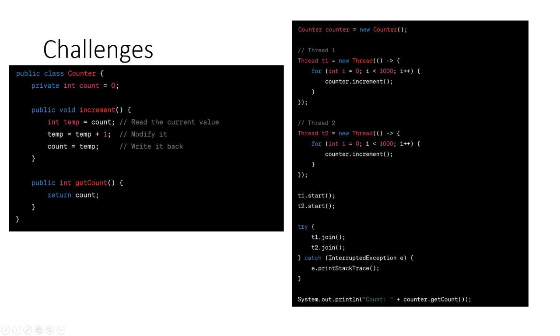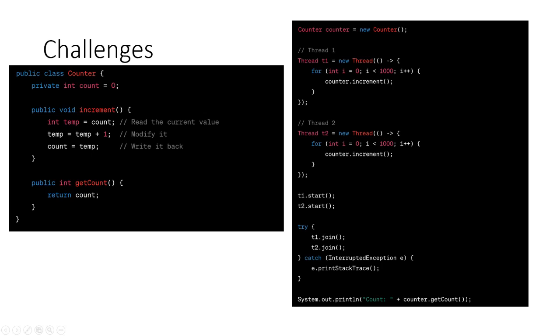So when I print the count down here, one might expect that the counter might be 2,000, which would make sense. You're looping, and for each iteration of the loop, you're incrementing, right? But odds are there's a chance that the count ends up being less than 2,000 because of the fact that these two threads are operating on the same counter.